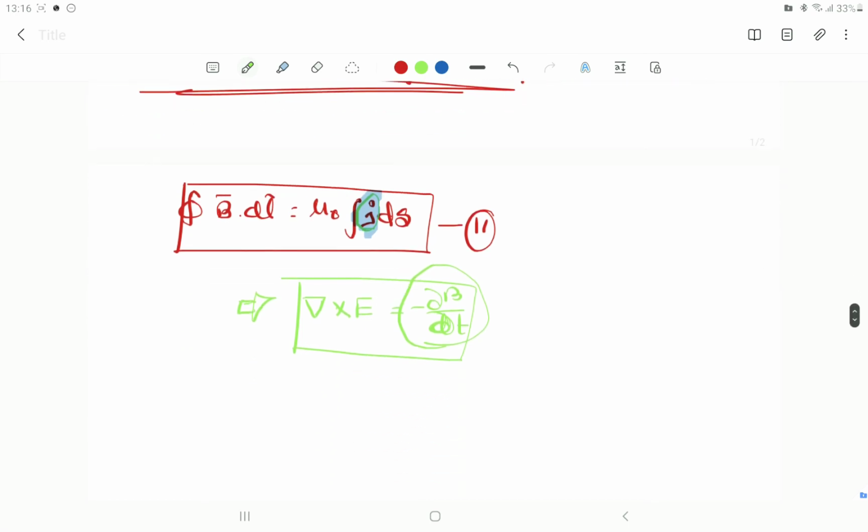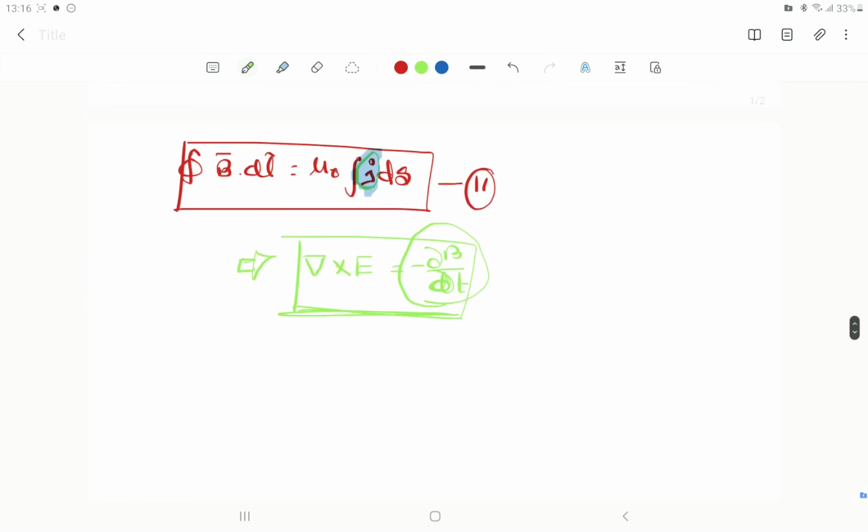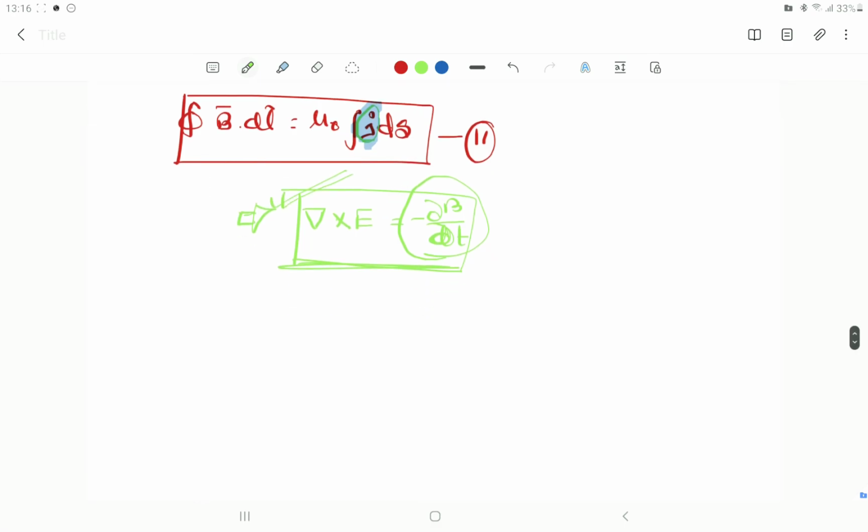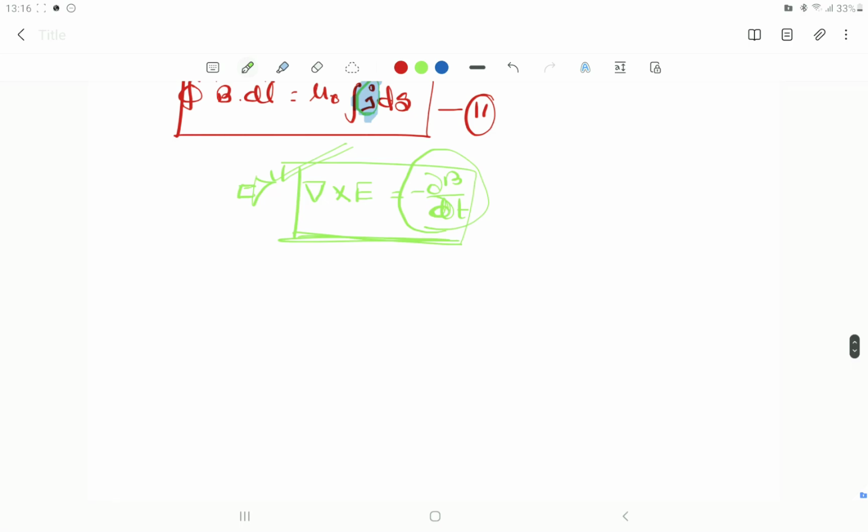Now I will explain the physical interpretation of this, and how Maxwell told that an electric field would be generated from a varying magnetic field. This is a very important equation. If you look closely, this is a relationship between an electric field and a magnetic field.